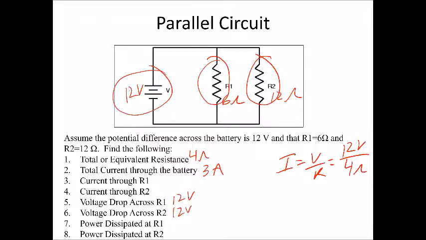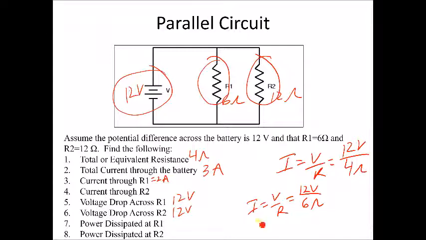Now I did that because I really need the voltages to find the currents. To find the currents, again, I'm going to go back to Ohm's law, I equals V over R. At resistor 1, the voltage drop was 12 volts. At resistor 1, the resistance is 6 ohms. So 12 divided by 6, I get 2 amps of current going through resistor 1.